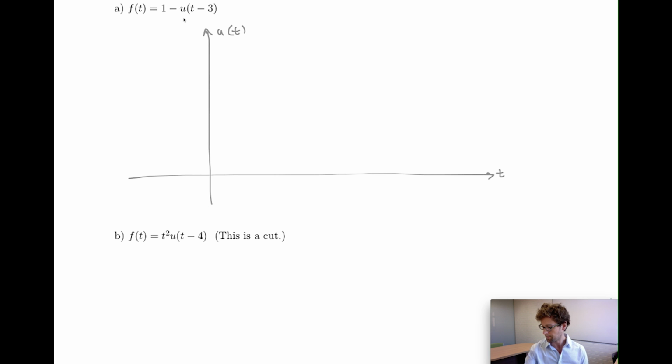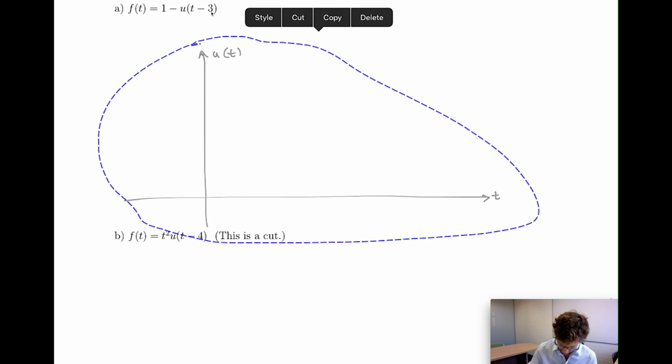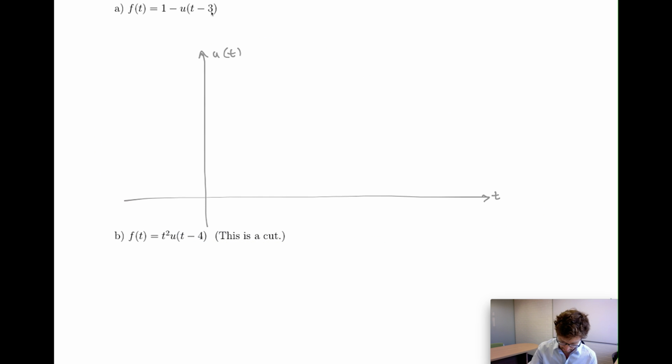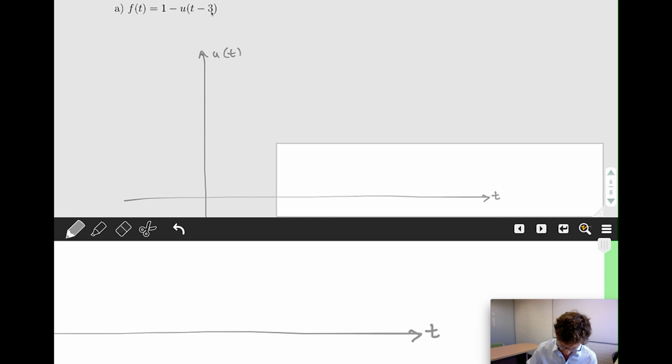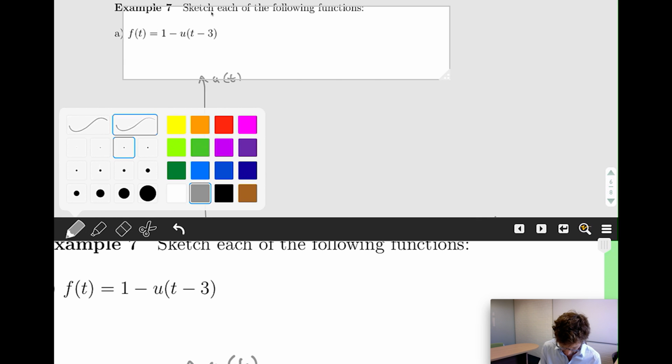So we see that it's going to be a function that is 1 up until the value t is equal to 3, at which point this thing is going to switch on. So it's useful here to actually split this up into its different values in different domains, and then from that figure out what this function should look like. So you can see that that Heaviside is going to cause a change in the value of the function at t is equal to 3.